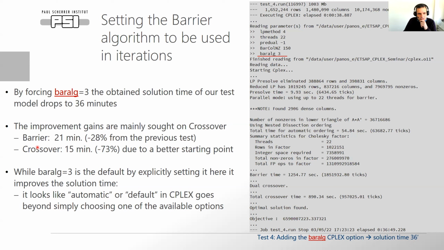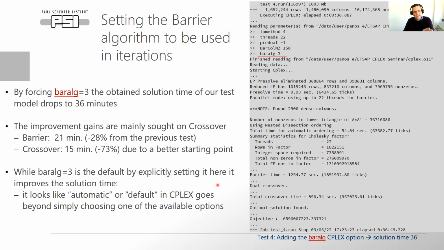And all the reduction, as you can see here, mostly happens in crossover. The barrier took 21 minutes, pretty much the same number of minutes as before, but the crossover needed only 15 minutes this time. The reason is that bar-alg 3, the standard barrier algorithm, by forcing it, gave a better starting point to crossover.